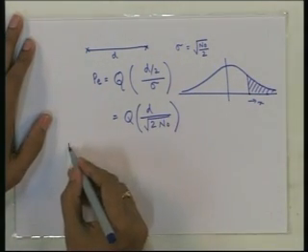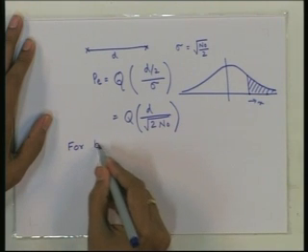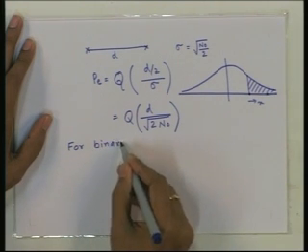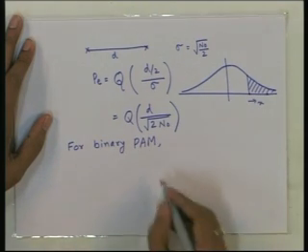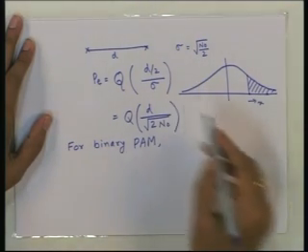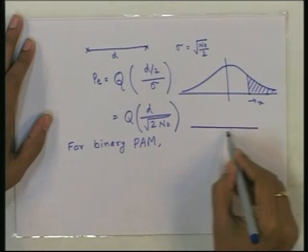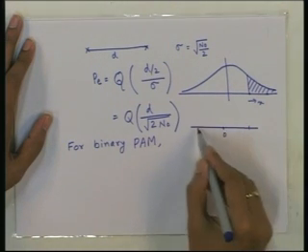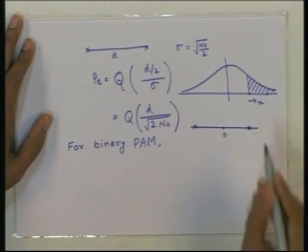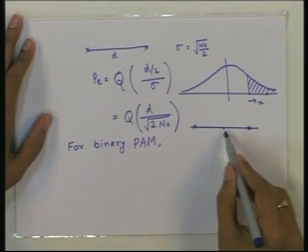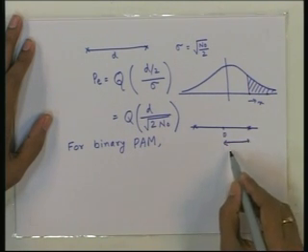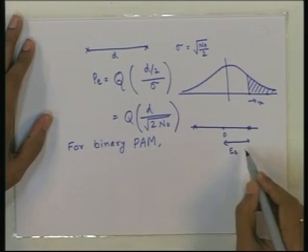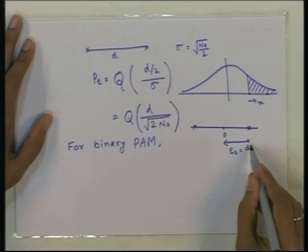For binary PAM, we can see that 0 is here and these two are the points. So, if this distance is d, then this is d by 2, this is d by 2, and so the energy of each of these signals is d square by 4.